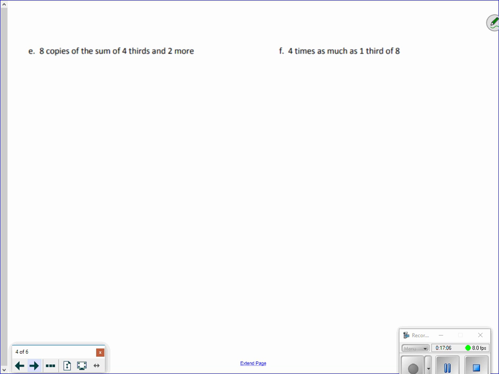Oh, this is another one. Copies of. What do you think it means when you have copies of something? It's not on your chart. So, multiply.